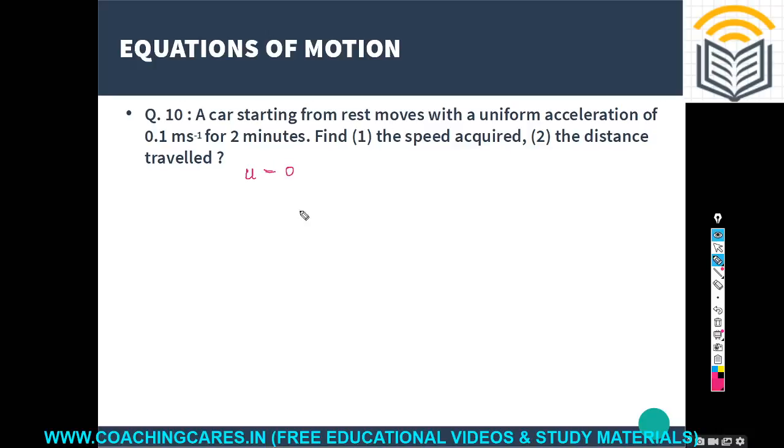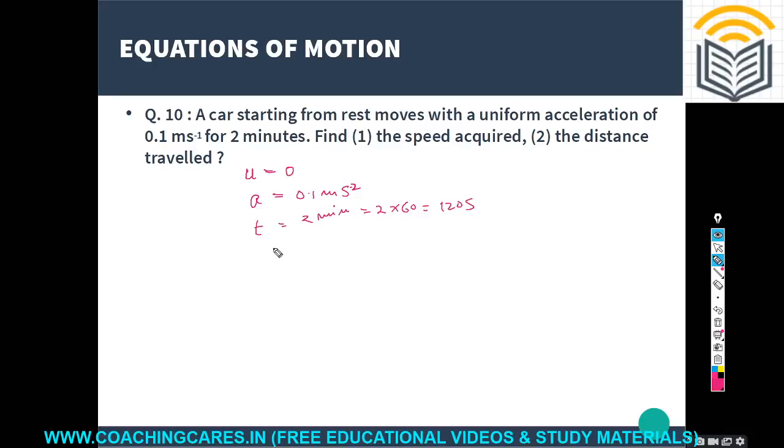And it got the uniform acceleration a, that is 0.1 meter per second square for 2 minutes. So time is also given here, 2 minutes, which is nothing but 2 into 60, 120 seconds.